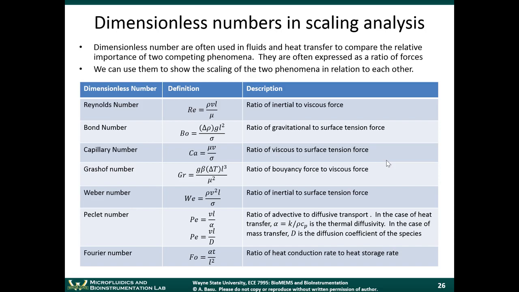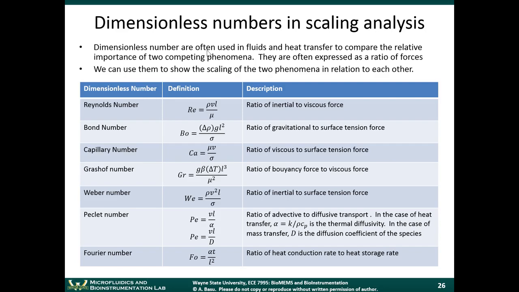All right. Next, dimensionless numbers in scaling analysis. The Reynolds number was one example of a dimensionless number, but there are many more, and this list is nowhere near complete. These are probably the most popular ones used in microscale analysis. Dimensionless numbers don't have any units.